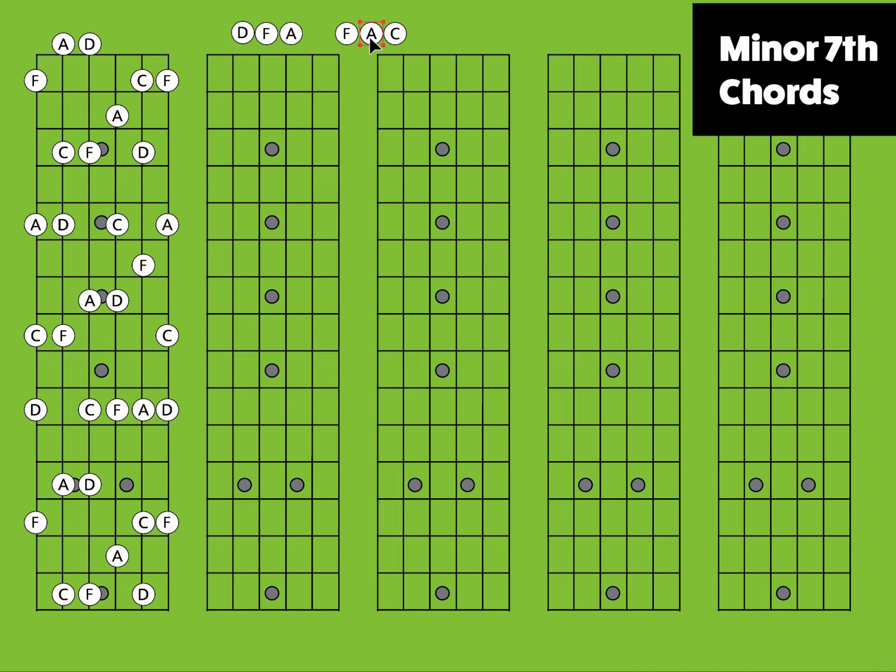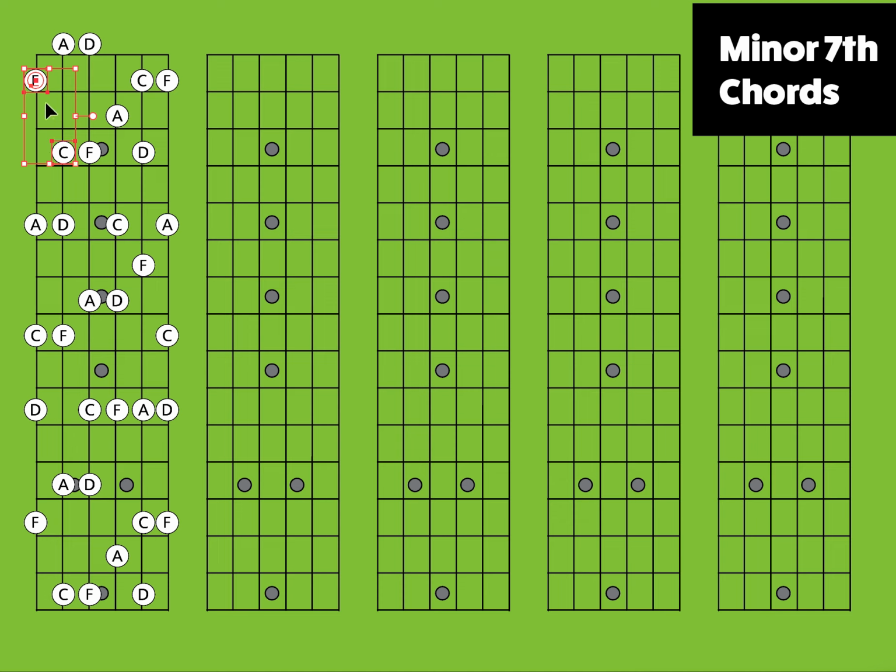Well, if we have a major and a minor chord together, we see that we have two perfect fifths built within here. And that comes in handy when analyzing the scale.